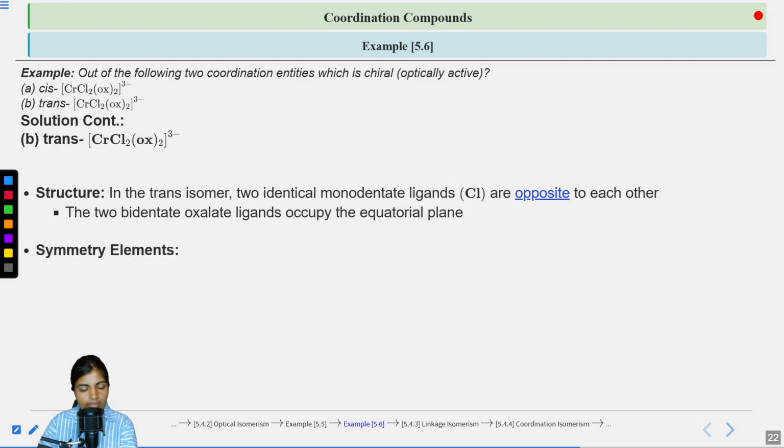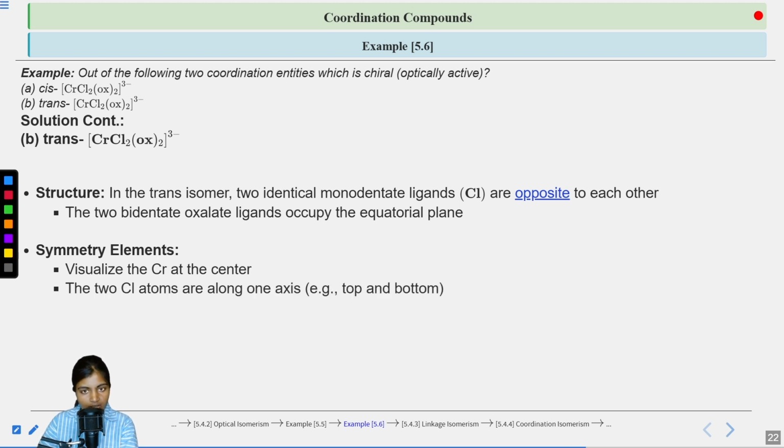Now the symmetry element, let's check. If you visualize the chromium at the center of the complex, the two chlorine atoms are along one axis because they are placed opposite to each other, right? So the two chlorine atoms are going to occupy the corners along one axis, for example top and bottom.